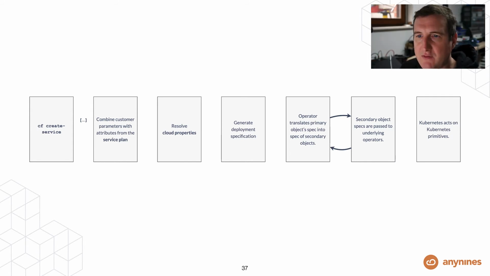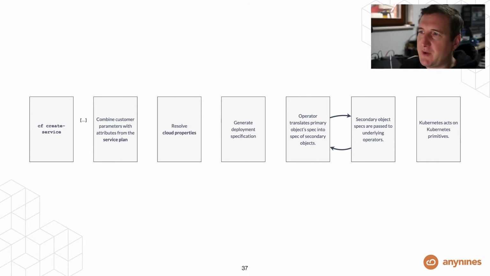So yes, the service plan, you will boil this down to generate a deployment specification. And then once you have that deployment specification, which is the Postgres specification we've seen earlier, you will pass this on to the operator.